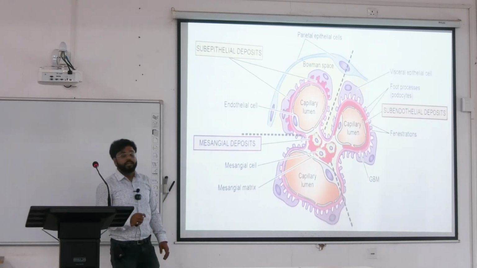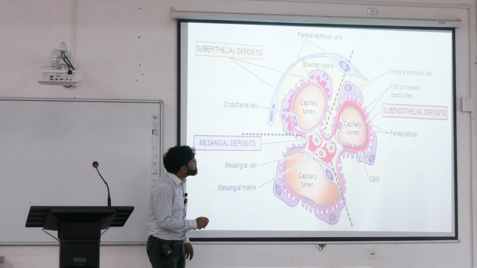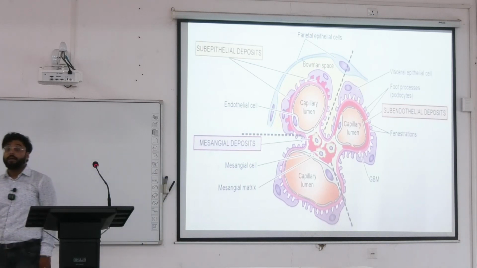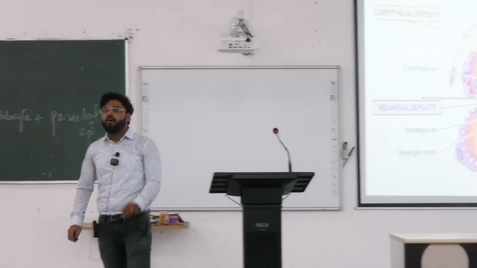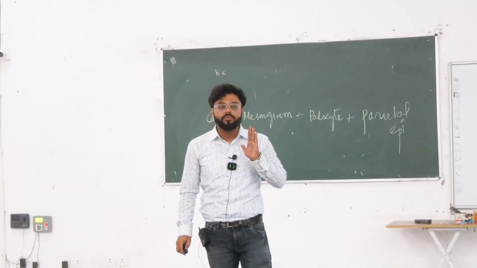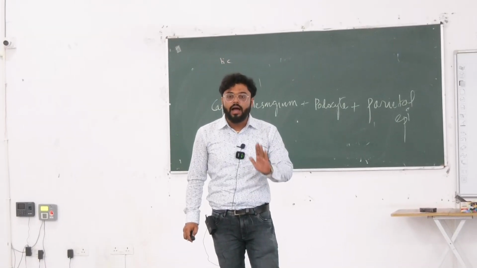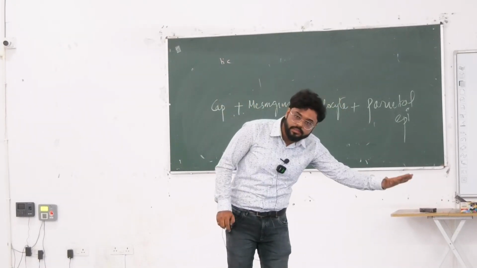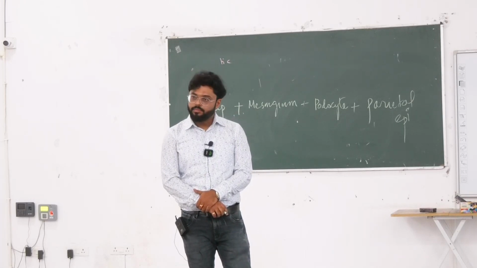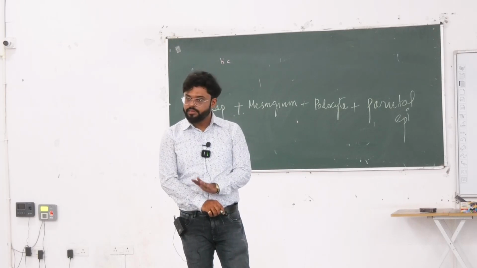And if it deposits between the basement membrane and the epithelium, that is the podocyte, it is subepithelial. All kinds of immunocomplex deposits are described under these three headings. Okay? Will you remember? Have you got this much of the concept?